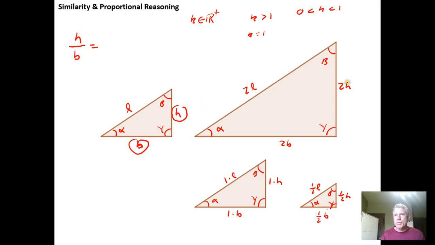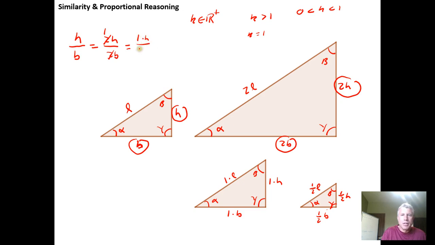So for example, this larger triangle, his height is twice h. So if I take the ratio twice h to his base, which is twice b, what I see is that the 2's are going to cancel because 2 divided by 2 is 1, and I'm going to wind up with 1 times h over b, which is just h over b. And that's going to work itself out for each of the 3 similar triangles that I constructed.